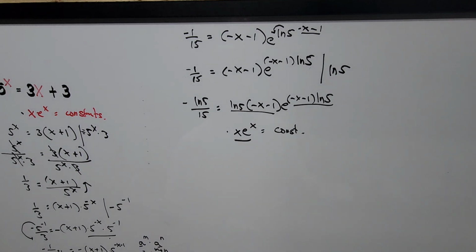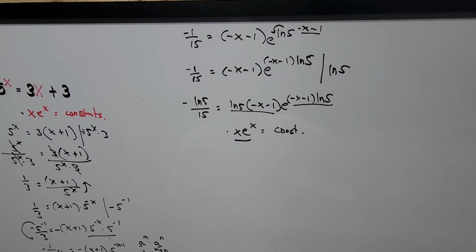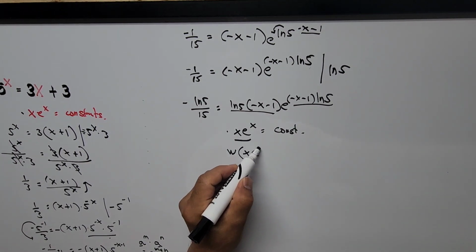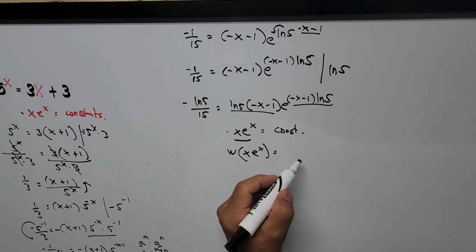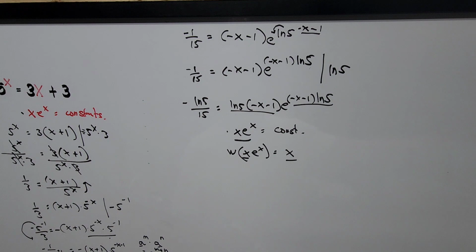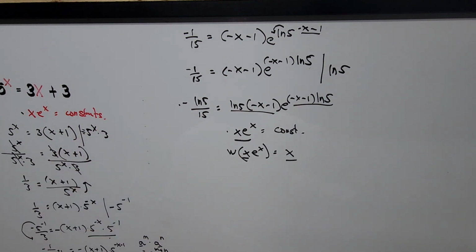So we can now apply the Lambert W function to solve for the value of x, right? So by applying the Lambert W function to this equation, W of x times e to the power of x, we'll be having the value of x. We extract the value of x over here. So let's equate the equation now and apply the Lambert W function, right?